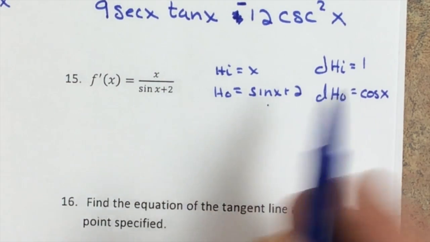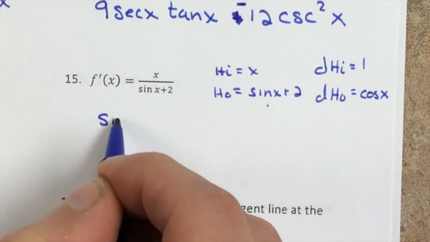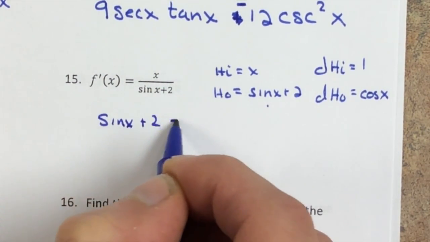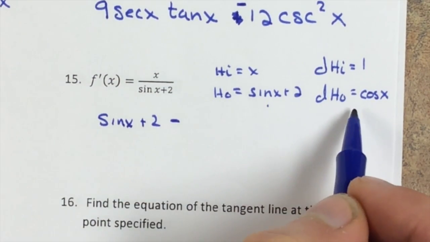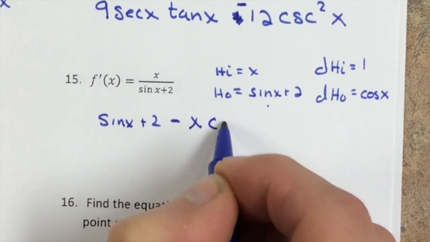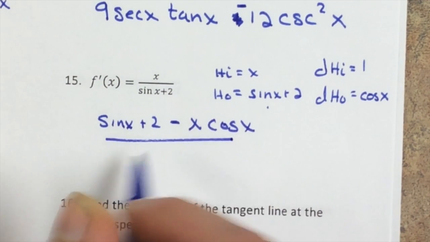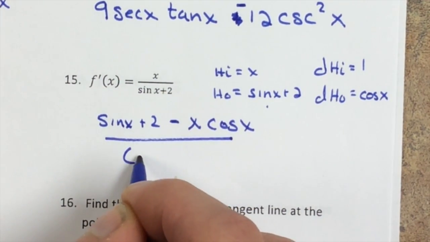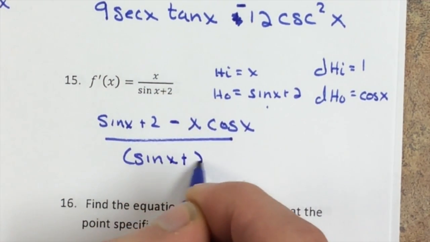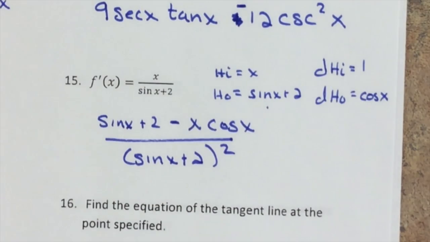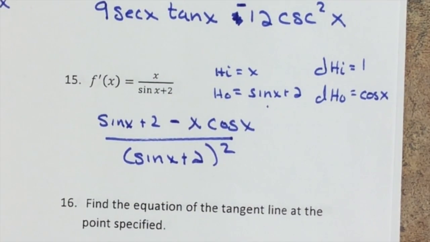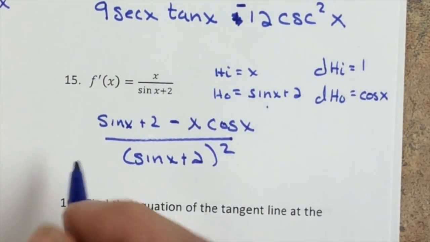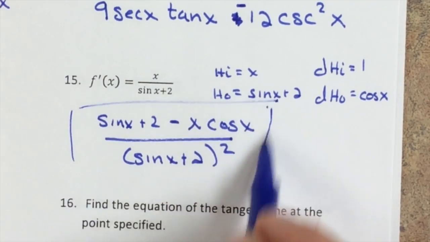I have ho d high, so sine x plus 2, minus high d ho, x cosine x, all over ho ho, sine x plus 2 squared. Don't make it any harder than it is. There's my answer. Leave it exactly like that.